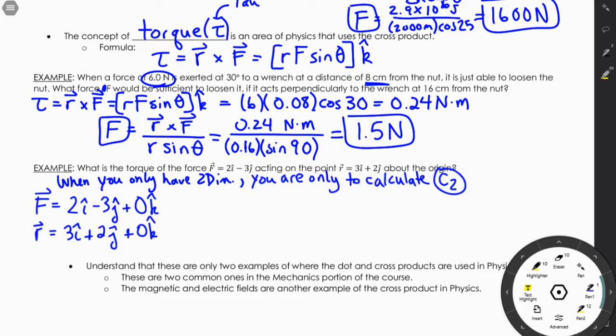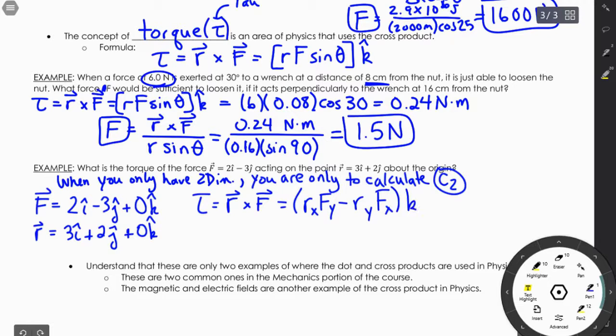And so torque is R cross F, which for us in this case is going to be Rx Fy minus Ry Fx k.